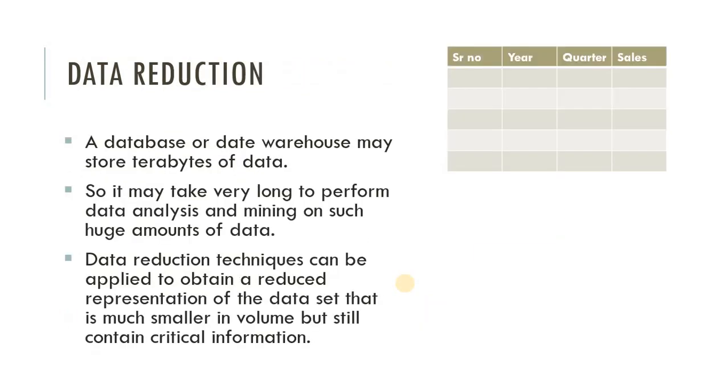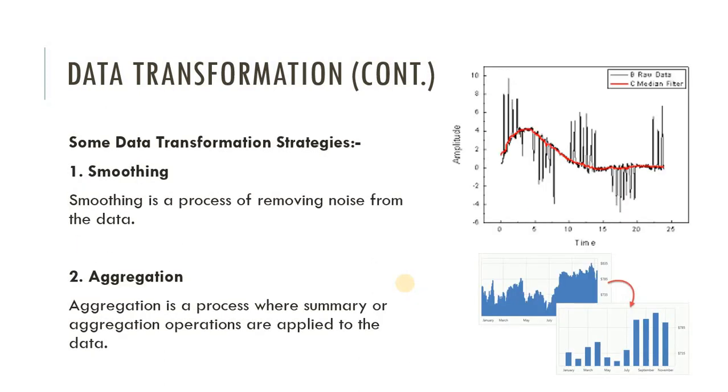So we all know what aggregation is. Aggregation is a process where summary or aggregation operations are applied to the data. We just summarize our data. That is called aggregation.